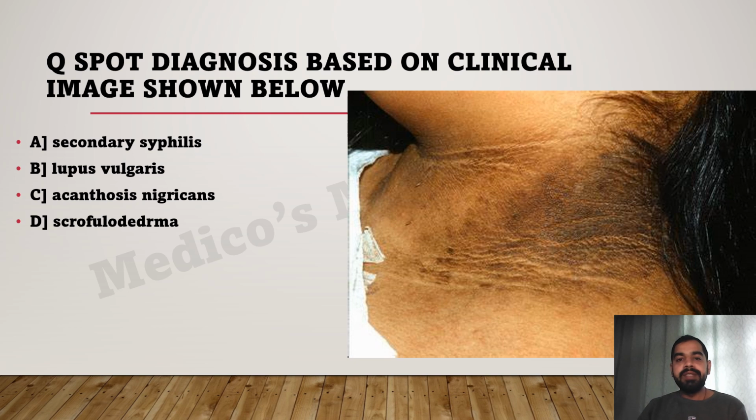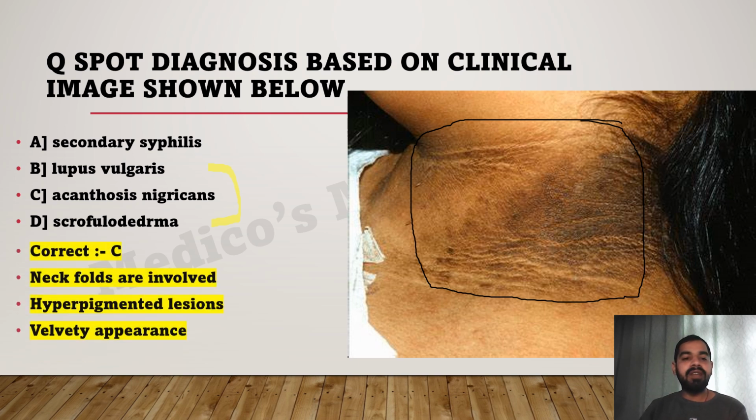Spot diagnosis based on the clinical image shown below, my dear friends. Here the examiner is giving you this image, and you have to tell the diagnosis. So here the correct answer will be option C, that is acanthosis nigricans. Here you can see the folds of skin are involved.